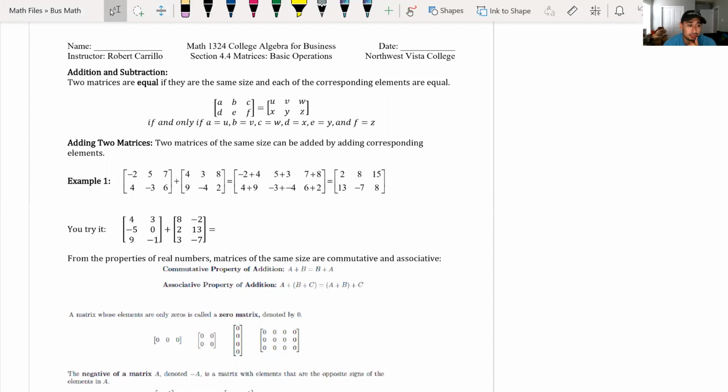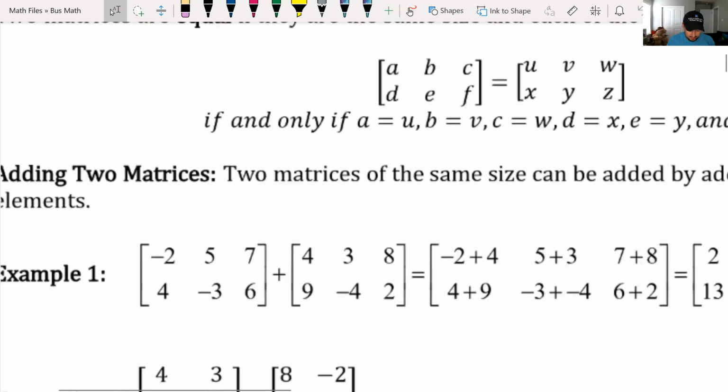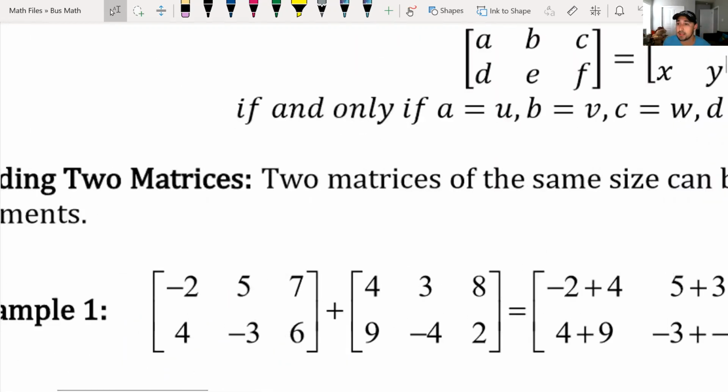All right, so for example, you see matrix 1 is -2, 5, 7, 4, -3, 6. And matrix 2 is 4, 3, 8, 9, -4, 2. So we see that these matrices are the same size. And what I mean by the same size is, to state the dimensions of a matrix, it's always rows times columns.